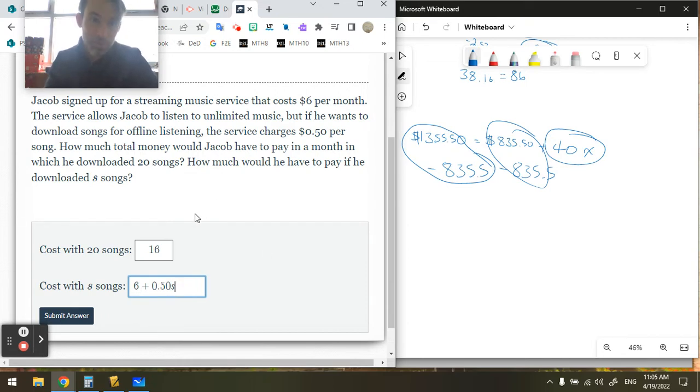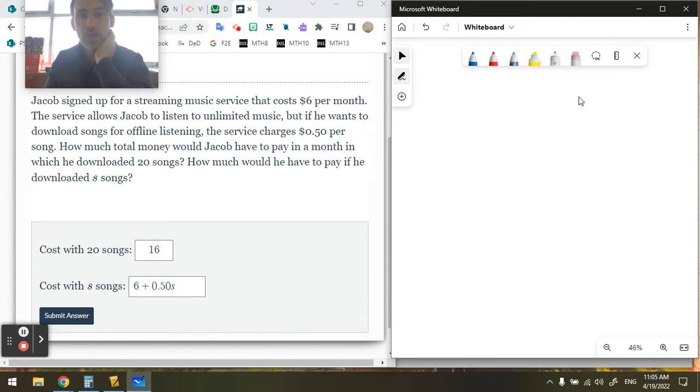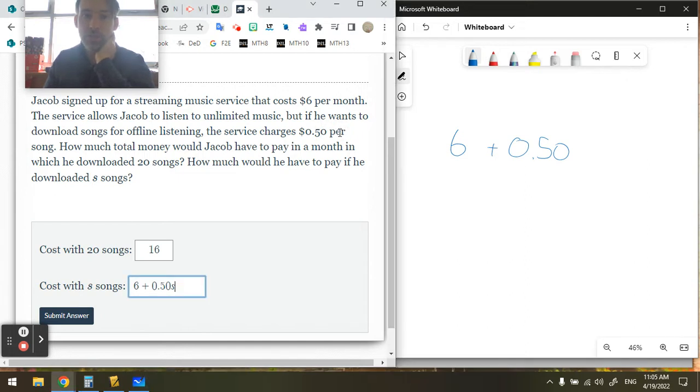Okay, so this is how I will answer these ones. Now, let me walk through this one a little slowly because I'm realizing I'm rushing a little bit here for this skill. To set up an equation here, I take my fixed cost, $6. I add my variable cost, which is money per song. This is the rate per song. That's often a clue that I'm going to be multiplying that, like per hour or per song or per jump or whatever.